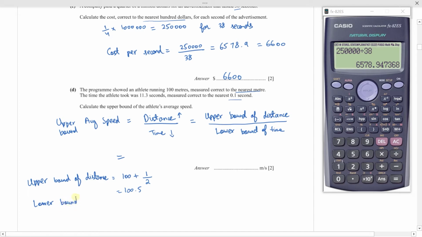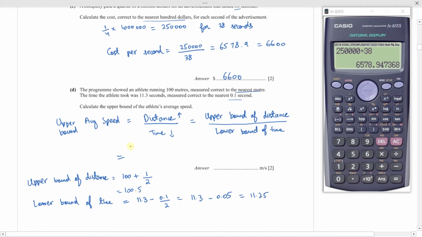lower bound of time will be your time value, which is 11.3 seconds, minus the error. Now your degree of accuracy is 0.1 seconds, so 0.1 divided by 2. So this will be 11.3 minus 0.05, which is 11.25 seconds.